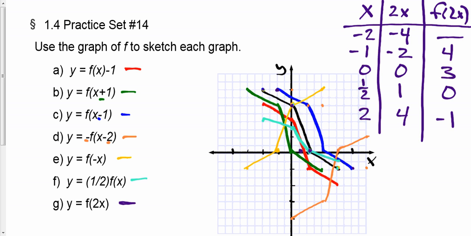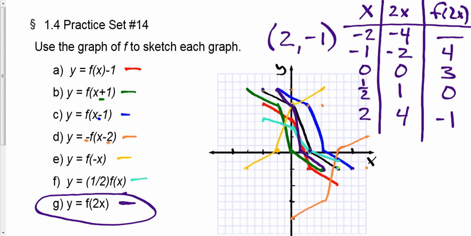So my last ordered pair is 2, comma, -1. And then I got 2, -1 right there. And my line becomes this. From there to there, to there, to there. And there you have all the functions. This letter G is the hardest one.